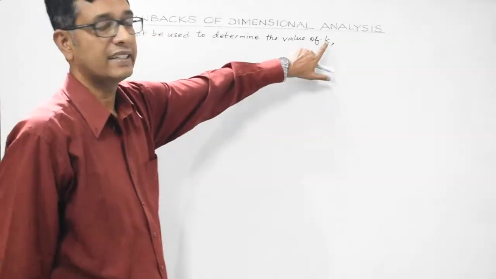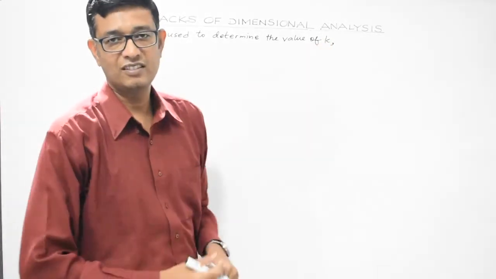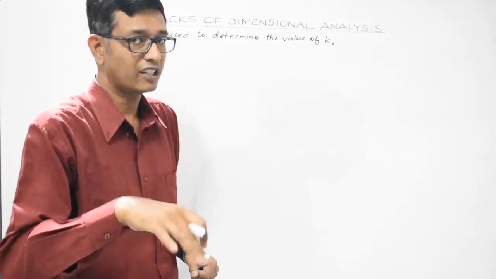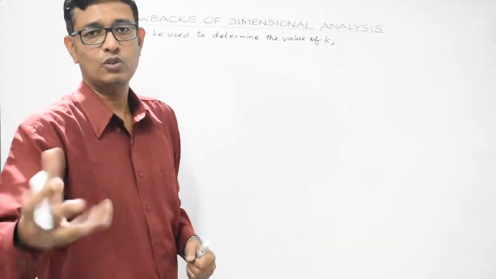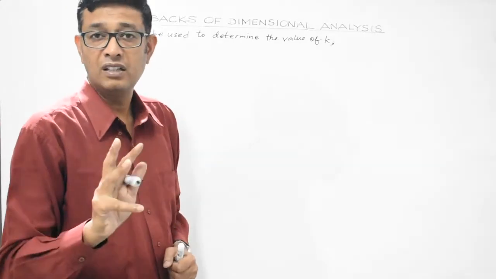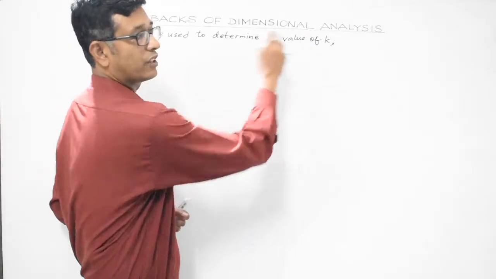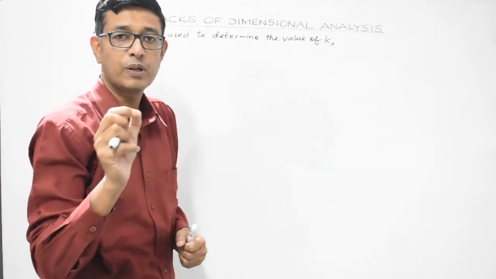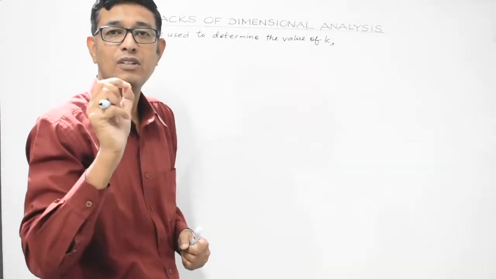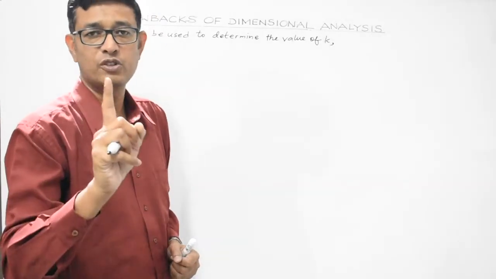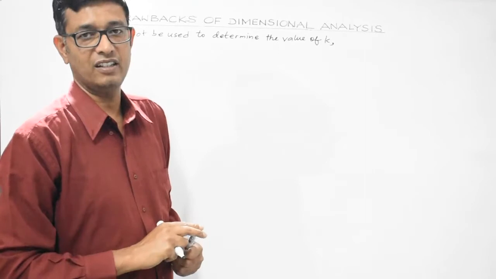It is a dimensionless constant, isn't it? The value of k is to be determined either experimentally or through some other method. But dimensional analysis cannot be used to determine the value of k, which is the constant of proportionality, and it is a dimensionless constant. So this is the first drawback of dimensional analysis.